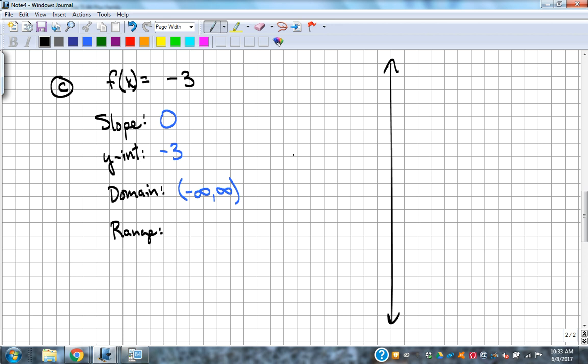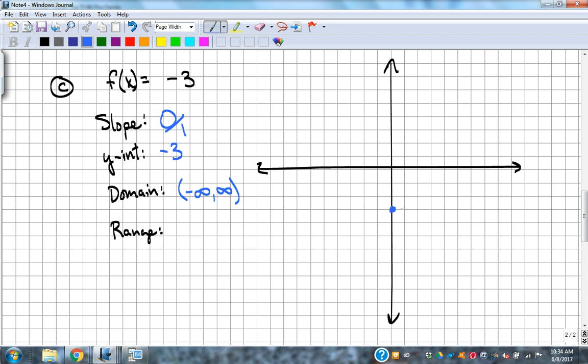So what I want to do here is show you what this graph looks like. Y equals -3. The y-intercept is at -3, but the slope is 0. So how much is your rise if your slope is 0? It's 0. So you go up none. And I could write 0 as 0 over 1, right?